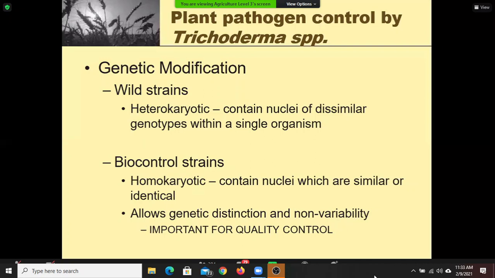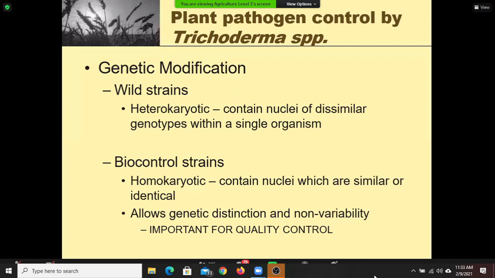We need uniformity. And this is important for quality control. Otherwise, the quality will be deteriorated. If you formulate a biopesticide from trichoderma directly obtained from natural sources, their quality will be deteriorated.